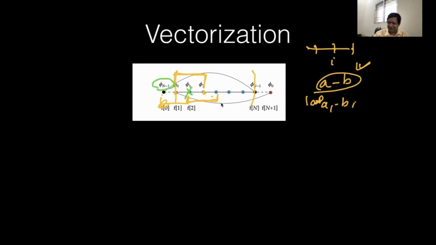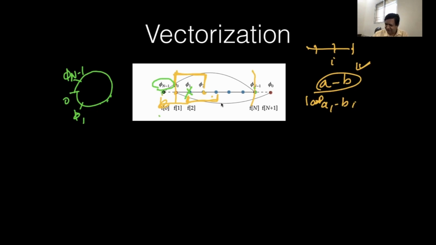If you recall, I had phi 0, phi 1, and this phi n minus 1. So I need this left point. If I have vectorized, then I need to have that point to the left. So the idea is that we save this phi n minus 1 to the point to the left of phi 0.